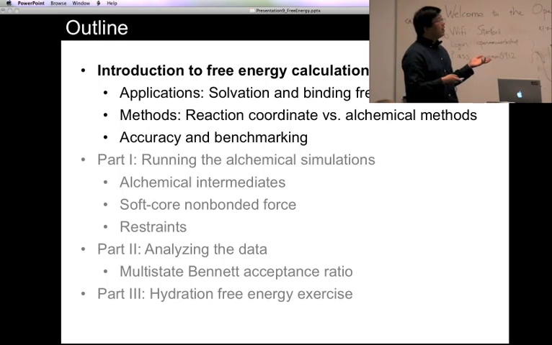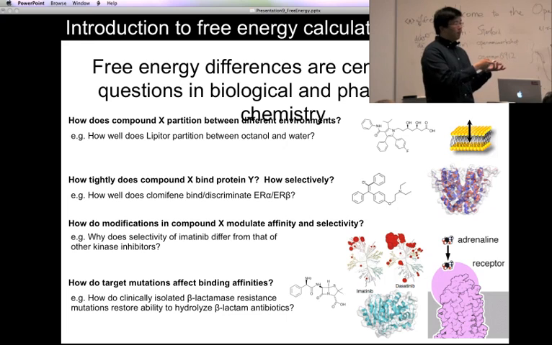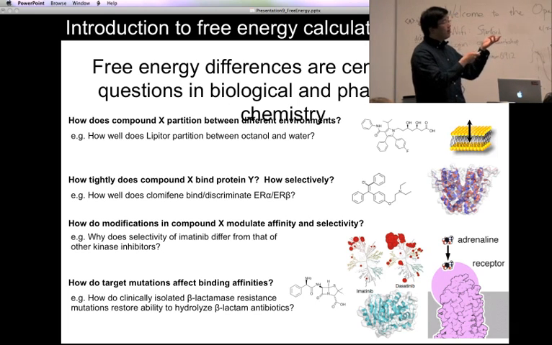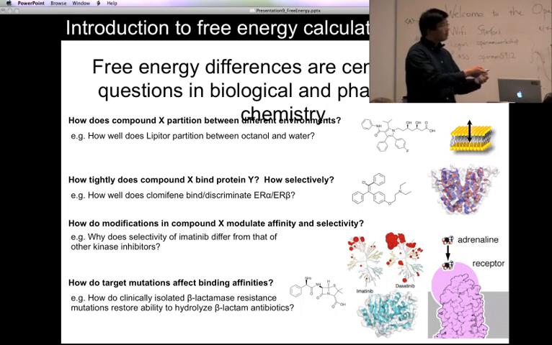So here we go. Free energy differences are central to many questions in biological and pharmaceutical chemistry. Here are some examples of some pretty important free energy differences. For instance, what's the free energy difference when a small molecule goes from a hydrophobic substance into a hydrophilic substance?